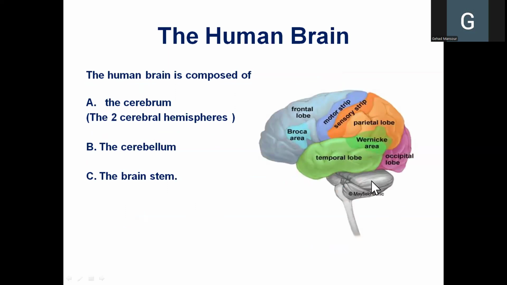any fibers that arise from the cerebellum and want to go to higher centers in the brain will pass through the brainstem. And on the other hand, any descending fibers from the brain to the cerebellum would again pass through the brainstem.